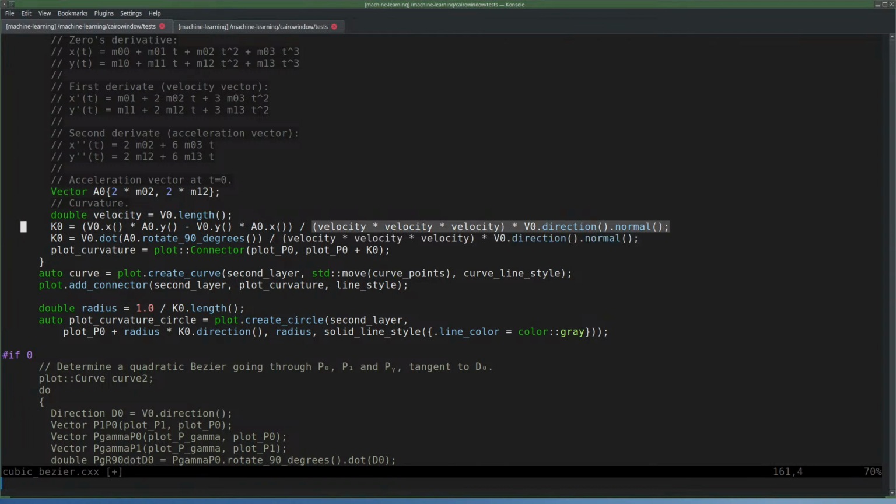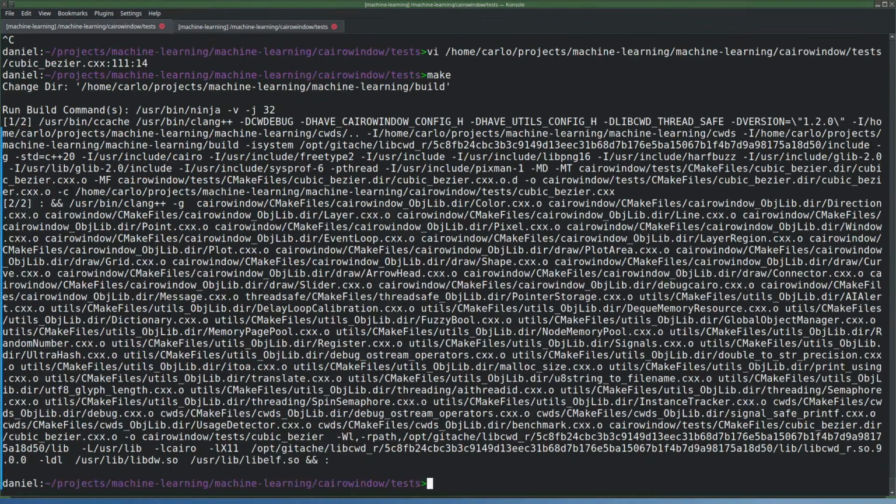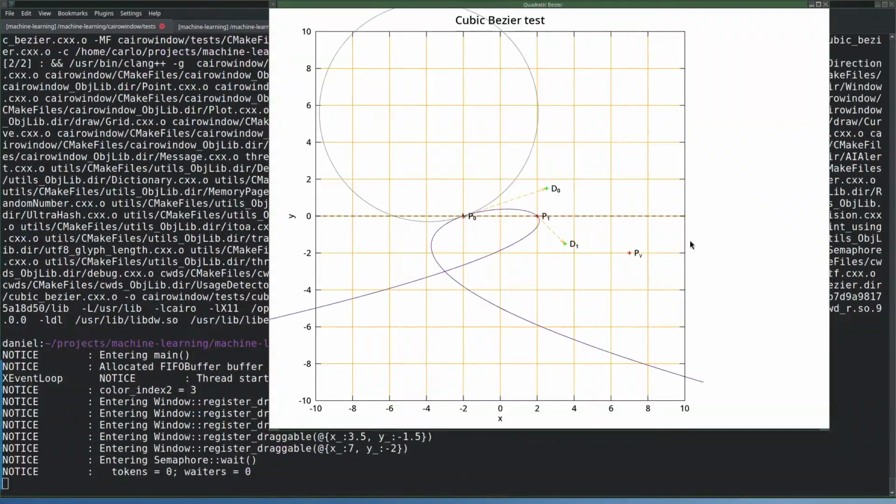Should still work. Except for the minus sign.